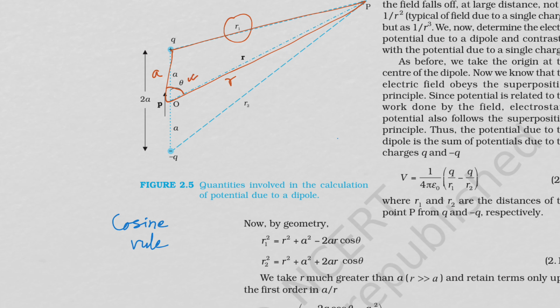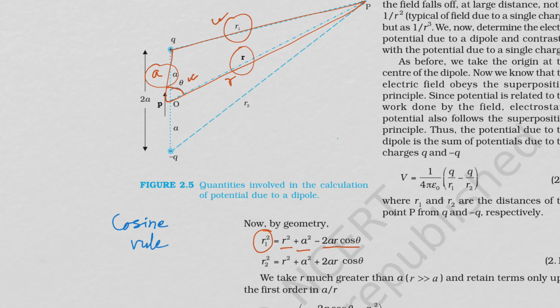If it is less than 90 degrees, then we can use the cosine rule: the square of the third side is equal to the square of the first side plus the square of the second side. The square of the first side is r square plus a square, and because theta is less than 90, we use minus 2ar cos theta.